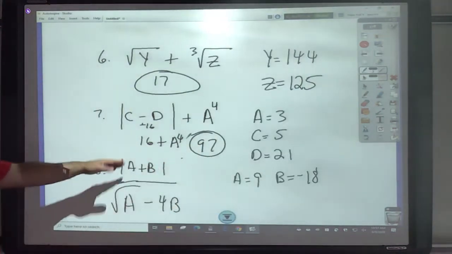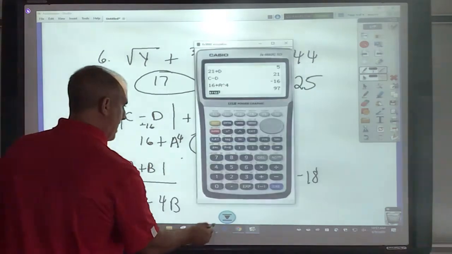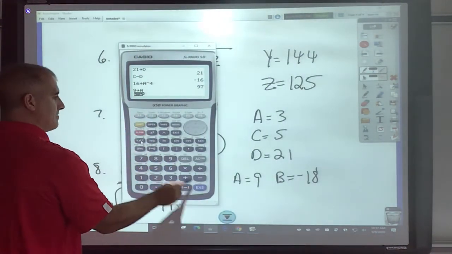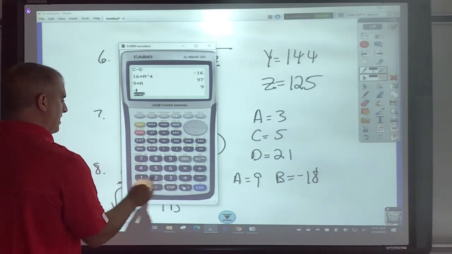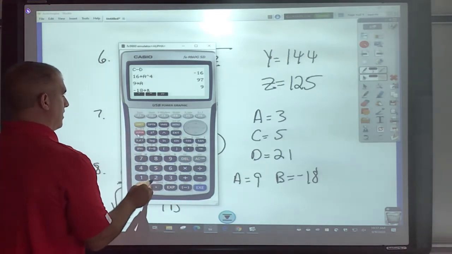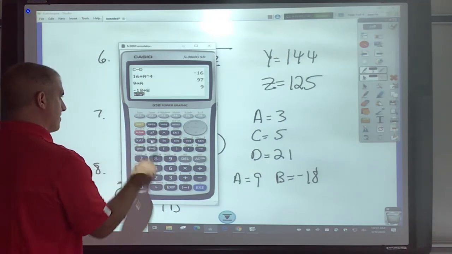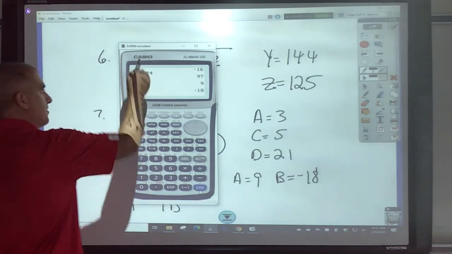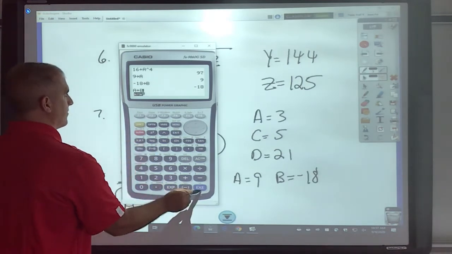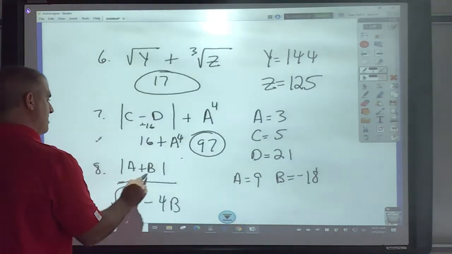Okay, I've got the absolute value here, so I'm going to handle that. Let's load my results here. 9 arrow alpha A, negative 18 arrow alpha B, which is right here. All right, so I want to do A plus B. That's going to be negative 9.